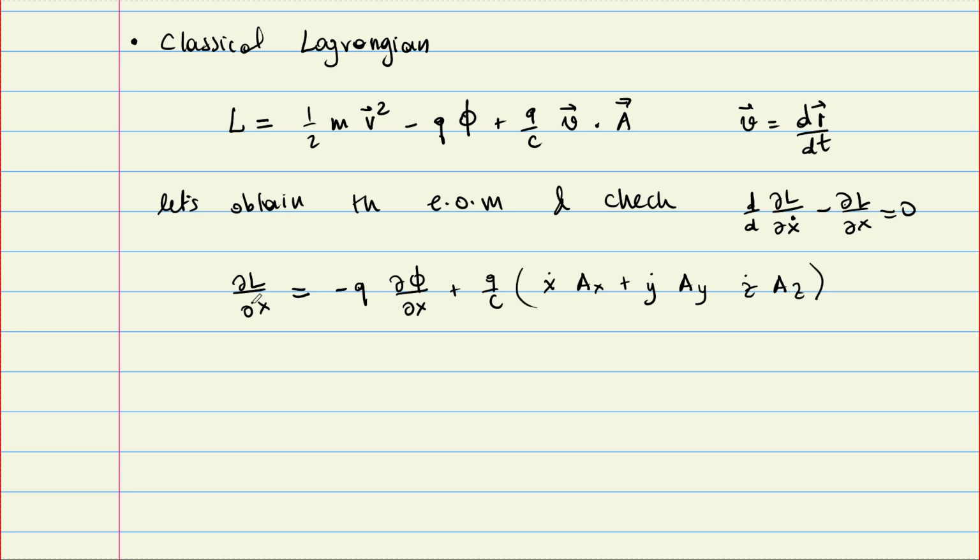When I take the derivative, x dot is independent of x, so it's only going to act on A. So this is del A x del x, and the last one is del A z del x.